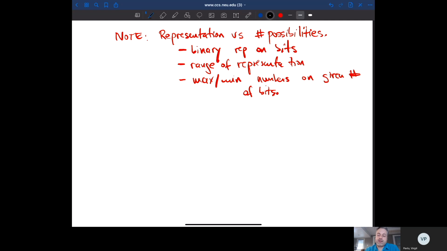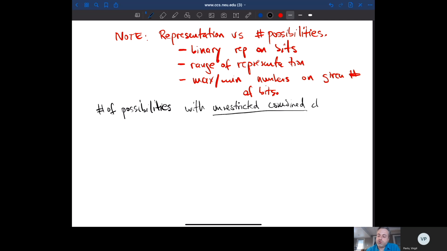And before we start, I want to bring up something that we're going to study later, but it's a very simple mechanism, which is the number of possibilities with unrestricted combined choices.